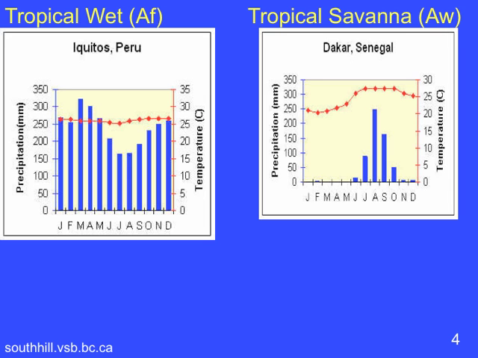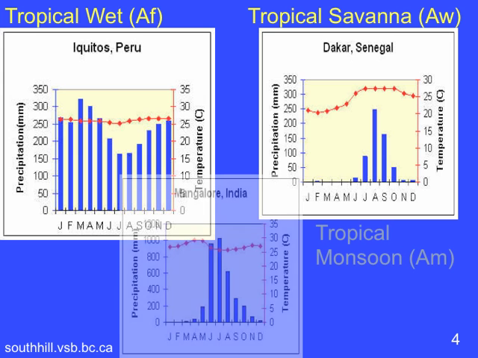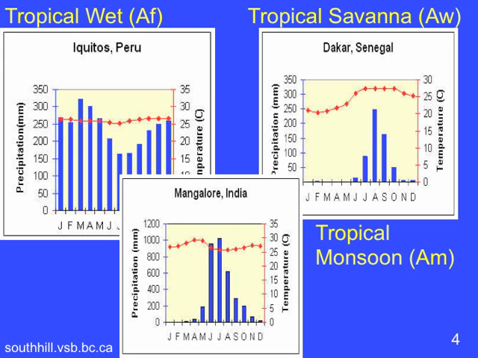And the tropical monsoon climate zones, this one comes from India. We also notice that there is a period of the year, mainly December through, say, March, where there's little to almost no rainfall. And then there's very high levels of rainfall in the rainy or monsoonal season, which extends from about May, June through November.